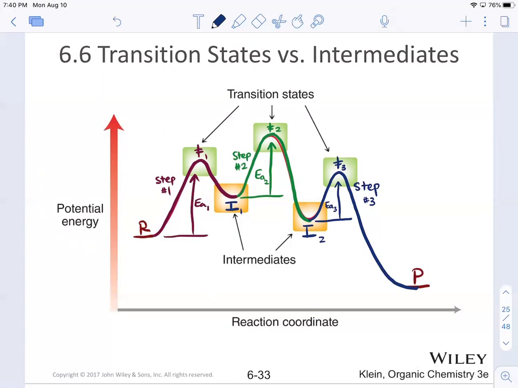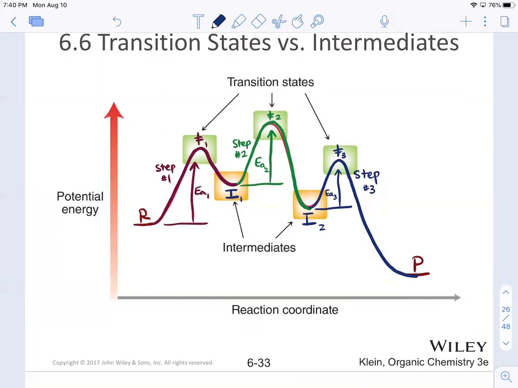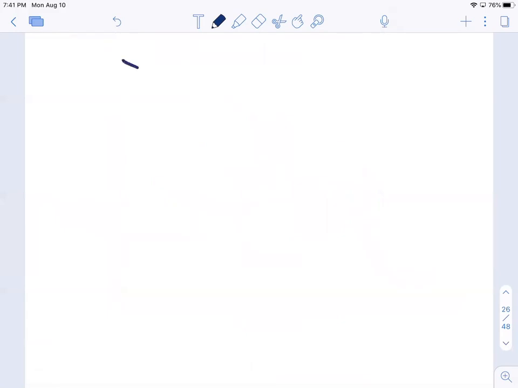What we are going to be able to do is look at a reaction coordinate diagram for specific reactions and be able to identify an intermediate or a product or a transition state. So let me just show you one reaction that we are going to do in this class.